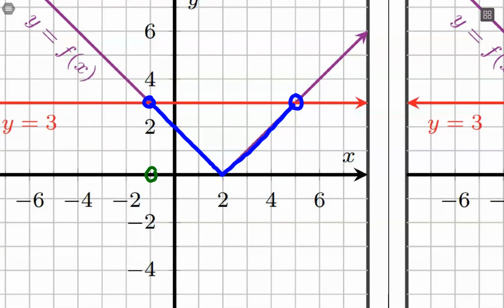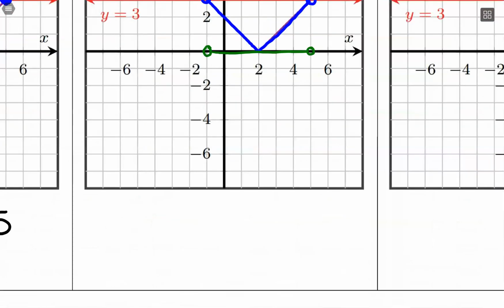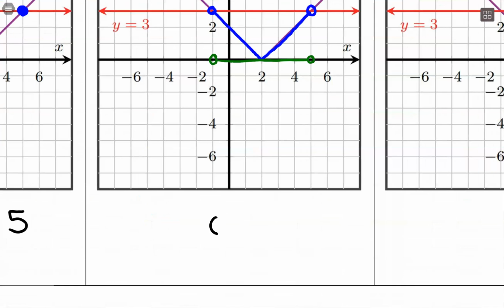We can have x from -1 but not including -1, all the way up to x equals +5 but not including +5. So we're going to have the interval -1 to +5. And we would use parentheses because we're not including those endpoints.